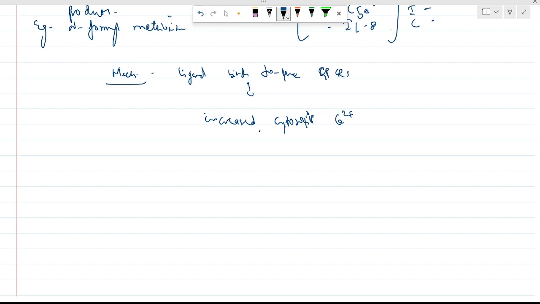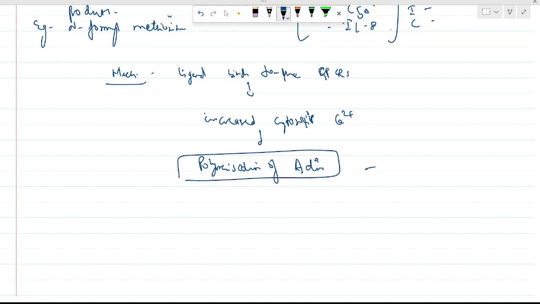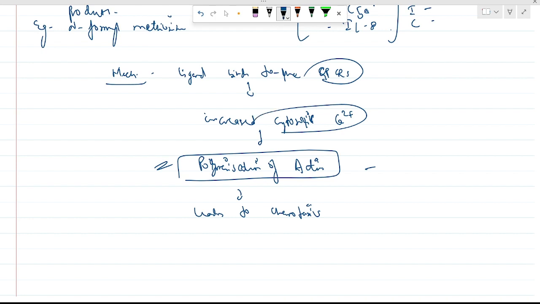Increased cytoplasmic calcium ions lead to, remember, polymerization of actin. The most important point here: there is polymerization of actin, which leads to chemotaxis. This polymerization of actin process is used by many microorganisms, including Listeria, to cause infection. So the ligand binds to the GPCRs, increased cytosolic calcium leads to polymerization of actin, so leads to chemotaxis.